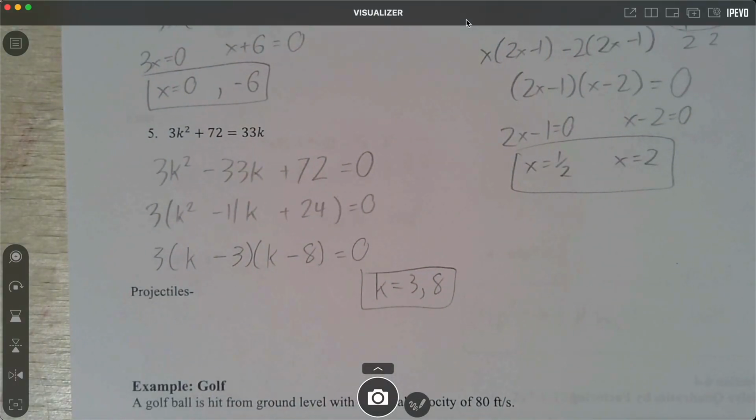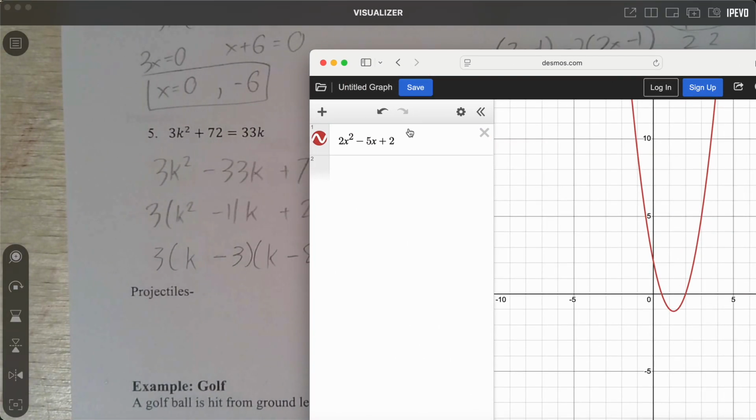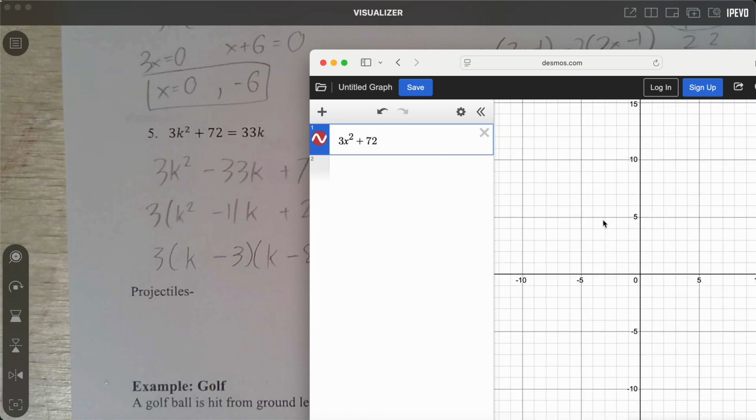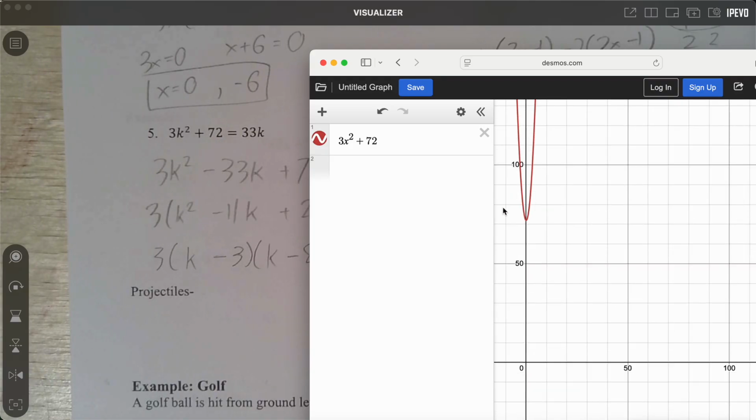Now, this is a super significant thing you've just done, and you probably don't realize it, and that's fine, but I'm just telling you this is where college algebra is going. What you just did is you technically said, hey, I've got some quadratic. I'm going to write x squared instead of k, but I've got some quadratic which has been vertically stretched by 3, and its y-intercept is all the way up at 72.